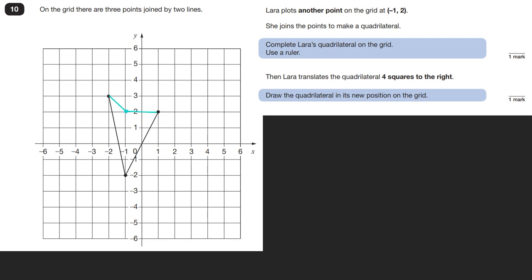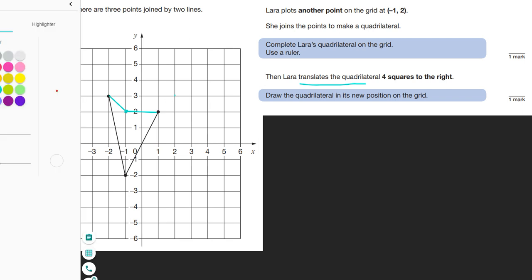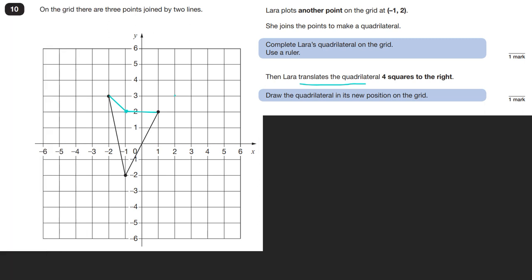Now Lara translates the quadrilateral 4 squares to the right. So 4 squares to the right means each point moves 4. So this point is going to be 1, 2, 3, 4, here. I'm going to show a different color for the second part.